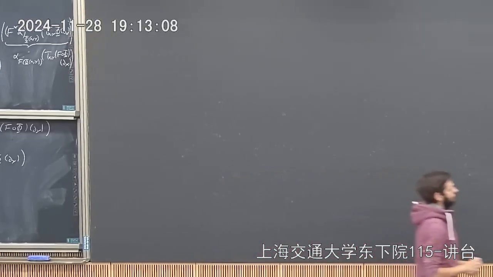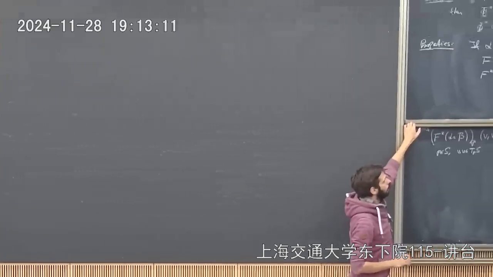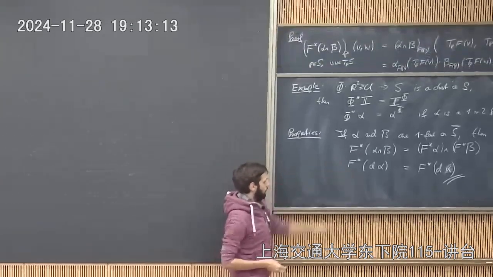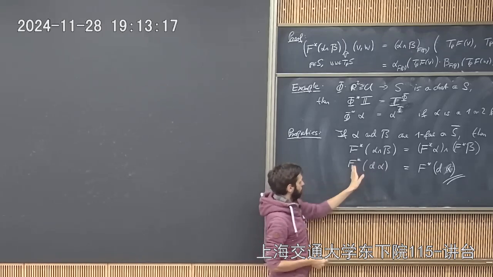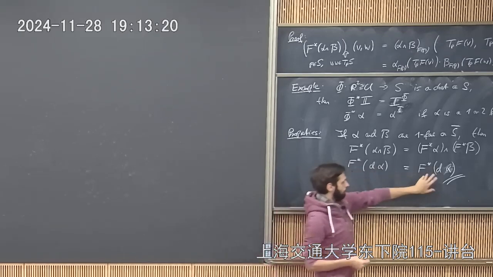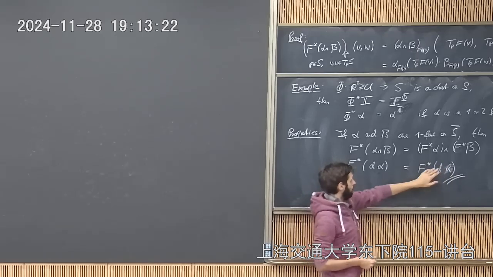This one is a bit more ugly with the notation, but I think it's a nice formula that is very handy most of the time, because sometimes it's easier to calculate d alpha directly and then do the pullback, and sometimes it's easier to do the other side first.